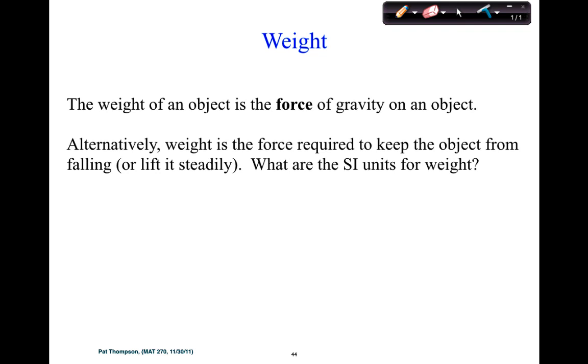Weight is a type of force. It's the force of gravity on an object, which is the same as the force to hold it still, keep it from falling, or just lift it slowly, right? Lift it steadily.